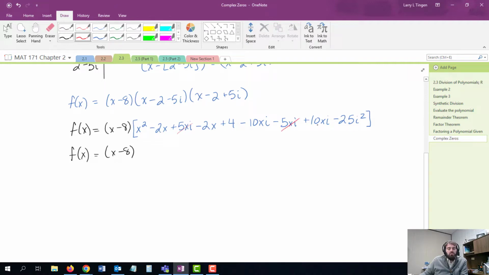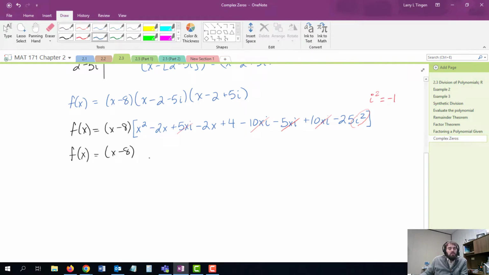Negative 10i plus 10i, those zero out. And remember I said when you multiply these conjugates, you're going to end up with no imaginary numbers. Well, that's all the terms that have imaginary numbers except for the last one.